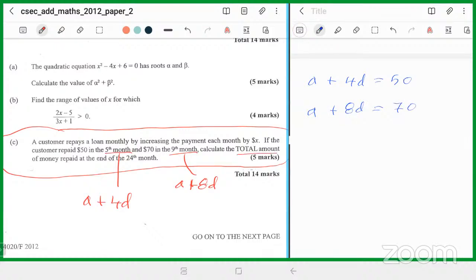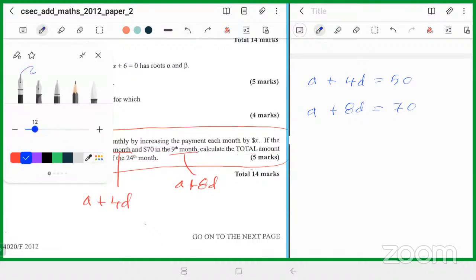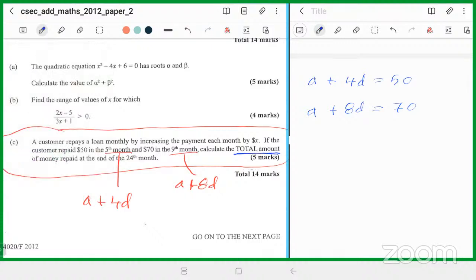Calculate the total amount paid at the end of 24 months. So they put that part in blue: total amount paid in 24 months. So 24 months is telling me that N equals 24, and total means that I want the sum. If I wanted the payment in the 24th month, that would be the 24th term.